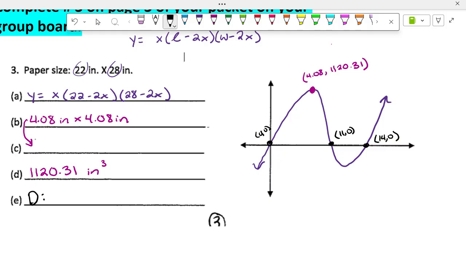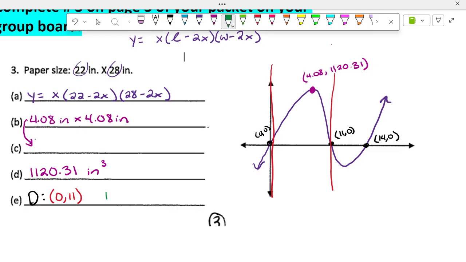So our volume has to be what? Positive or negative? It has to be positive. Where's the only part of this graph in this view that there's positive between what two x values? 0 and 11. So here to here. And remember, since it doesn't actually hit 0 and 11 because we can't have 0 volume, we use parentheses.